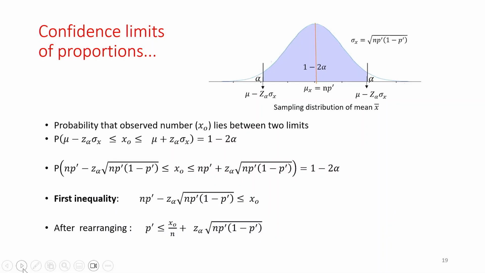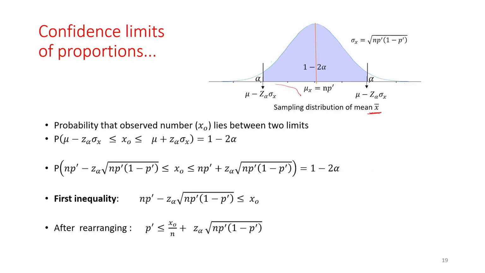Now, the distribution of this mean is shown here. It is also going to follow a normal distribution, because when the n value is large, binomial distributions can be approximated by normal distributions.